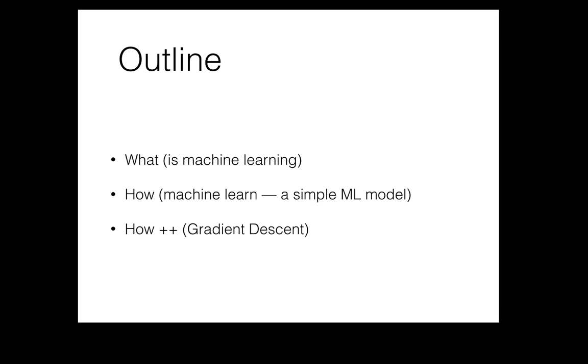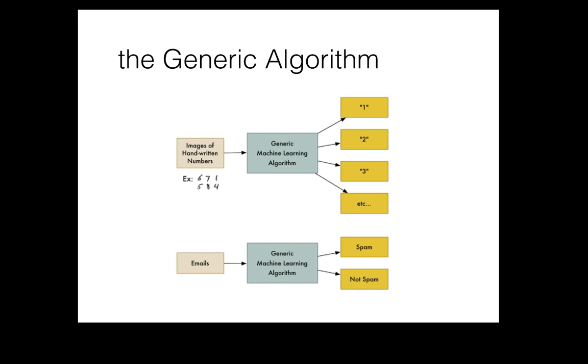Okay, the tutorial divides into 3 parts. The first part is what is machine learning? Machine learning is a generic algorithm: for the problem to be solved, based on the data, it returns the information that you are interested in. For the above 2 problems, handwritten numbers and emails, the algorithm does not change, but we just input different data.